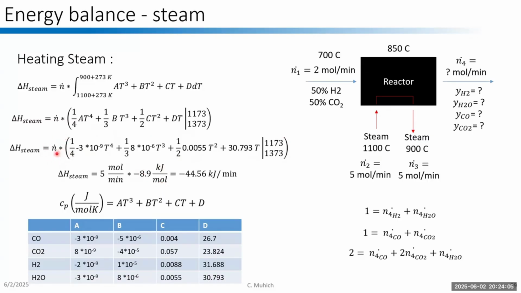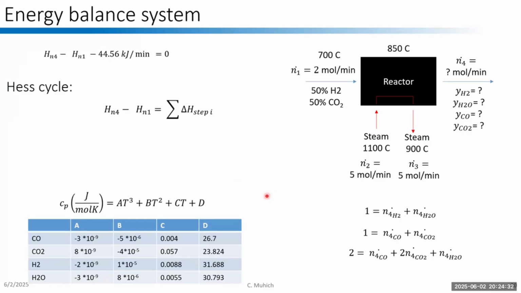Well, that's 5 moles per minute. So my change in enthalpy of this steam loop is negative 44.56 kilojoules per minute. That was a lot, right? That was just a lot of plugging and chugging, but we now know how much heat is lost by this steam loop.